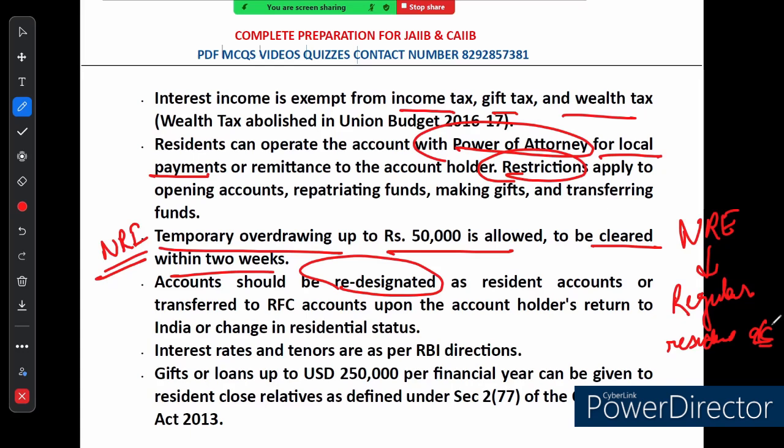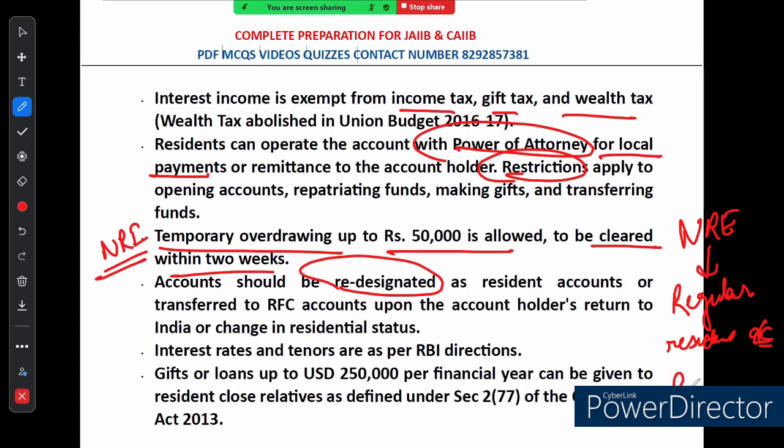Now let's talk about transfer to an RFC account. That is called a resident foreign currency account. RFC accounts are specifically designed for returning Indians.